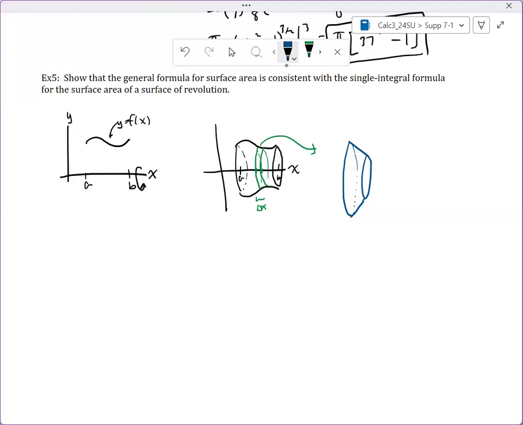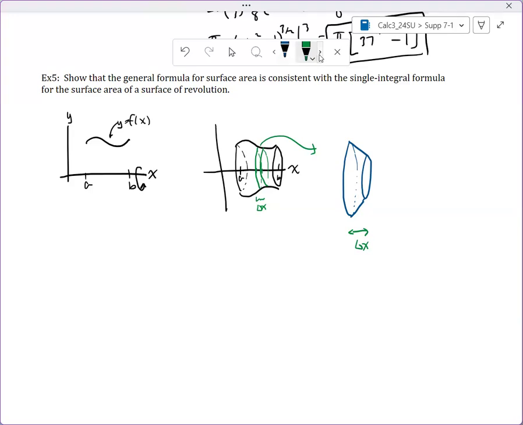On one side of the slice or the other side of the slice, the radius might be a little bit different. I know that this distance is delta x. And here I'm thinking that I pick delta x small, and that, again, f is a nice continuous function, all those nice things. So if I pick delta x pretty small, then I can do two things.